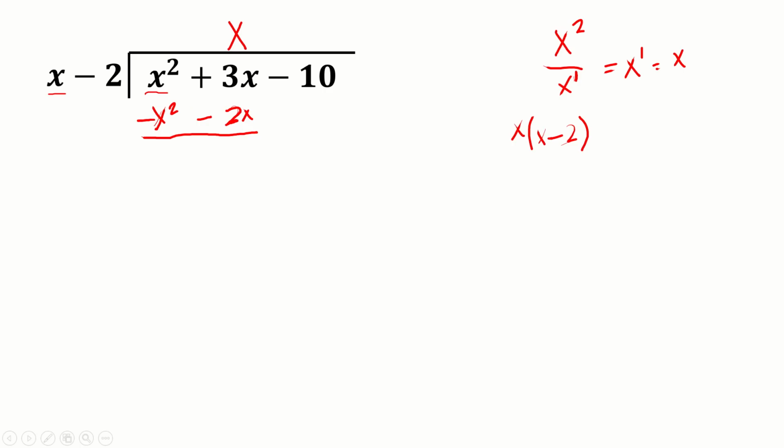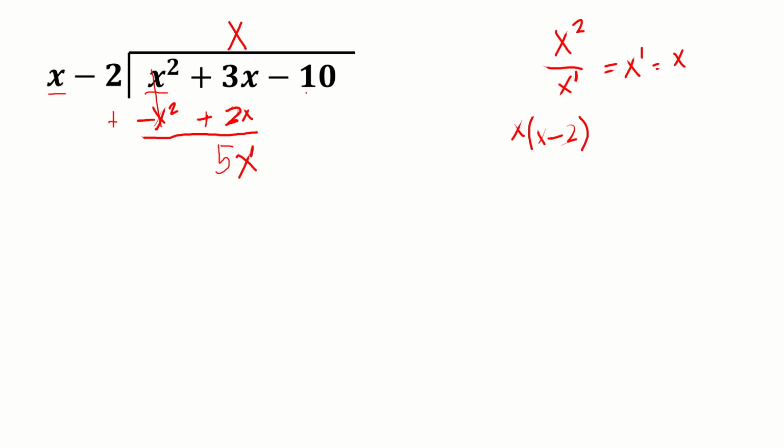Then, si negative 2x ay magiging positive 2x. Then, proceed to addition. So, x squared plus negative x squared, this will be 0. Then, 3x plus positive 2x. So, add the whole numbers or add the coefficients. So, 3 plus 2 is 5. Then, x plus x is just x. Okay?